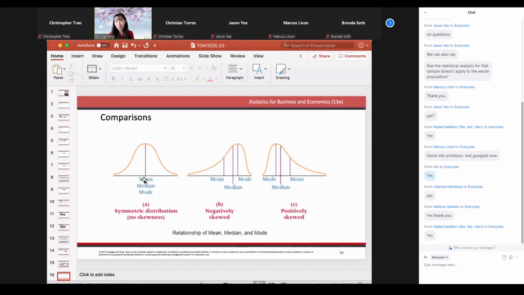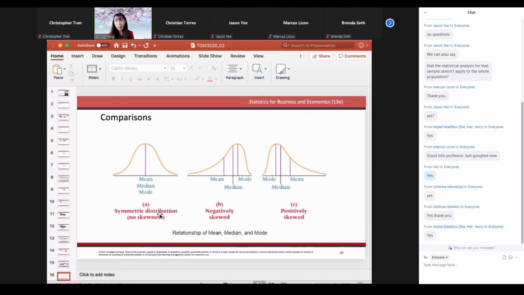It rarely happens. Usually it's enough when they are close, like the example we just saw, 575 versus 590, the mean and the median are pretty close, and that's already good. If they are really close, we can say they are symmetric. But the perfect situation is they are all exactly the same number. So that's the distribution that's easiest for us to analyze.